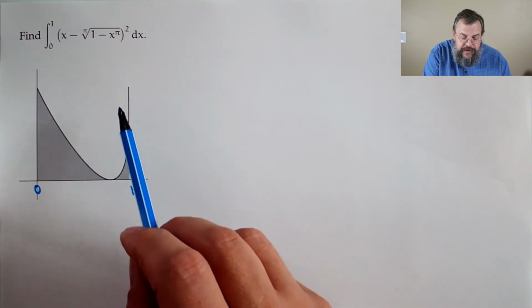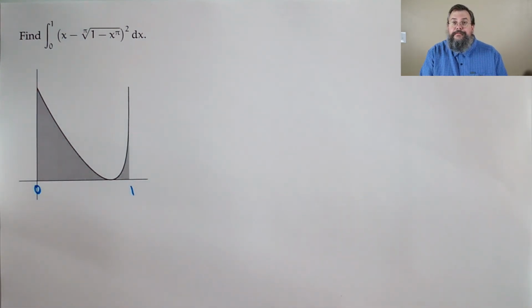So you get this sort of strange shape. The question is, okay, what's the integral? Now, the reason this seems so strange is it's asking for, the way we look at it, an area. So we say to ourselves, well, how can we find this area?